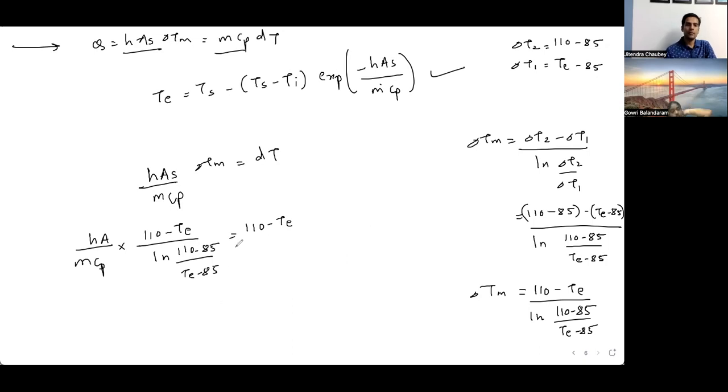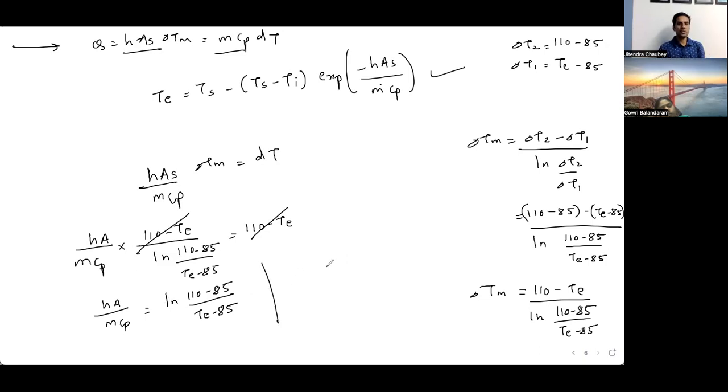the final temperature and the exit temperature, the inlet temperature and the exit temperature. So this can get cancelled out. So this will look like hA upon m Cp will be equal to ln of 110 minus 85 over Te minus 85. Now we can take the antilog.